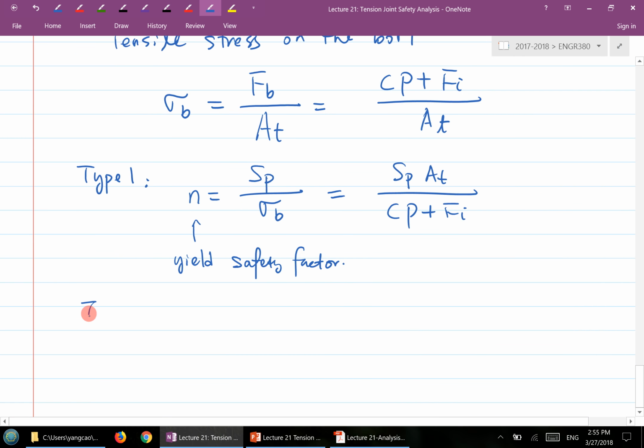The second type of calculation, instead of getting a yield safety factor, we apply a factor in front of the external load, capital P. So let's put a factor NL in front of the capital P, then plus Fi. Now when I divide by AT, I let it equal the proof strength SP.